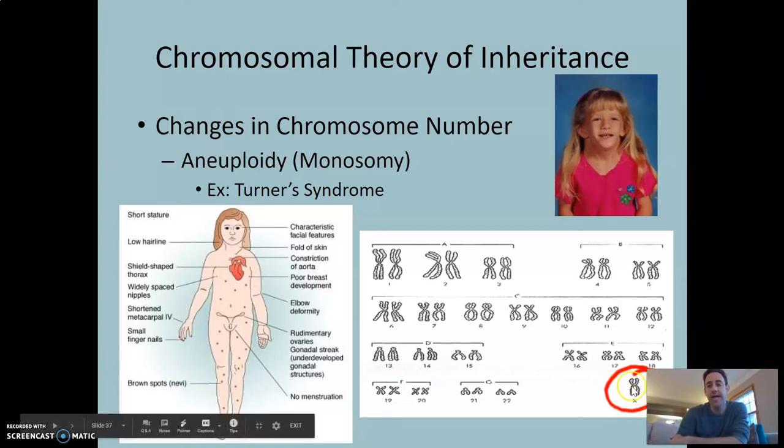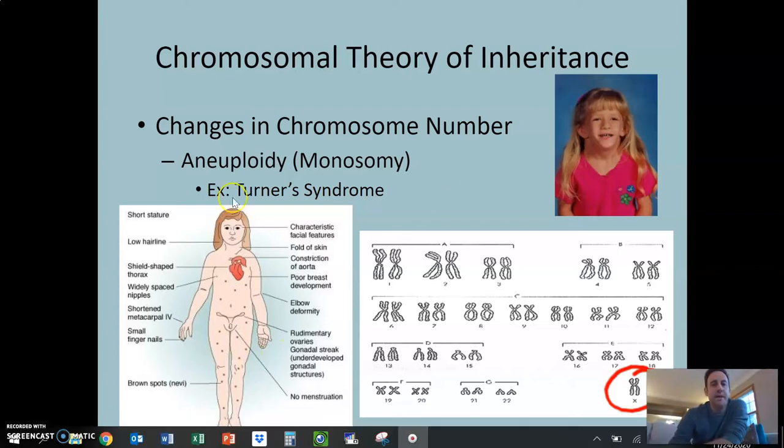So if you're missing that X, you're missing too many genes to survive, and the embryo will never be able to develop fully. So the only way you can survive is if the one chromosome you have happens to be an X, in which case you don't have the Y, in which case you develop female. So anybody with Turner syndrome is going to be a female.